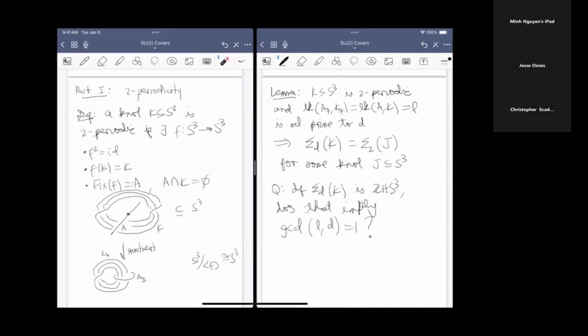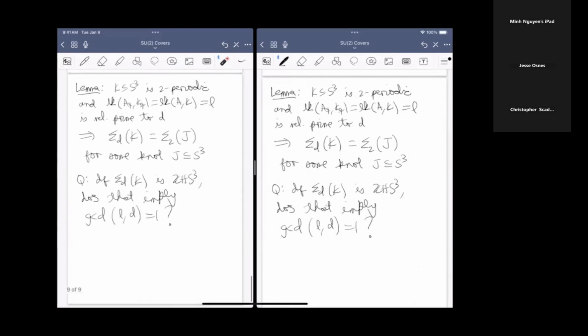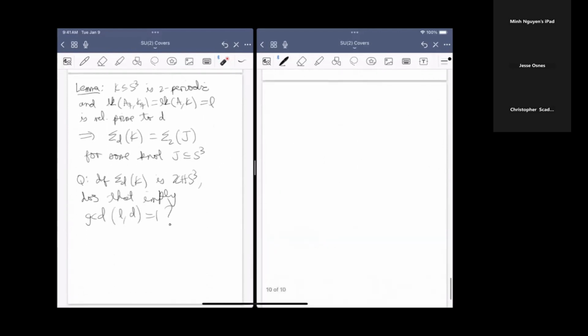So I think that Chuck has done some work on this, on algebraic invariance of periodic knots, and I think that a lot of people know this, and I haven't been able to find a counterexample, but I also don't know a proof. So if somebody wants to jump in, I would be happy, or if they want to email me later on.